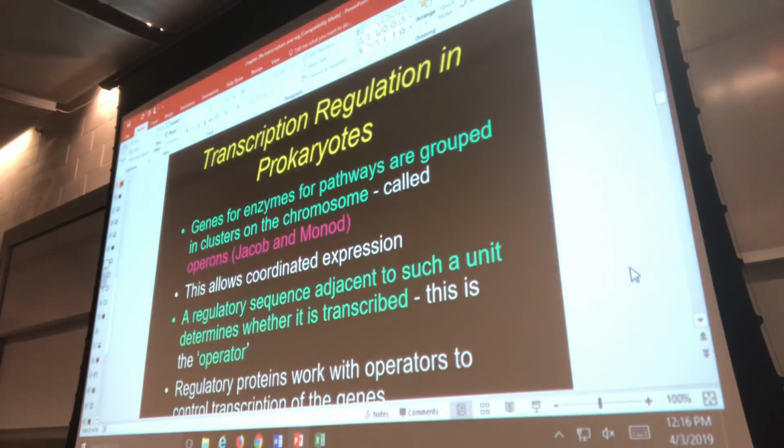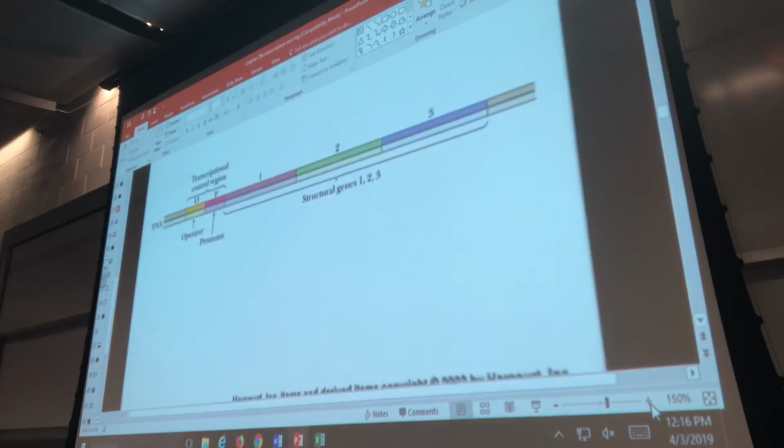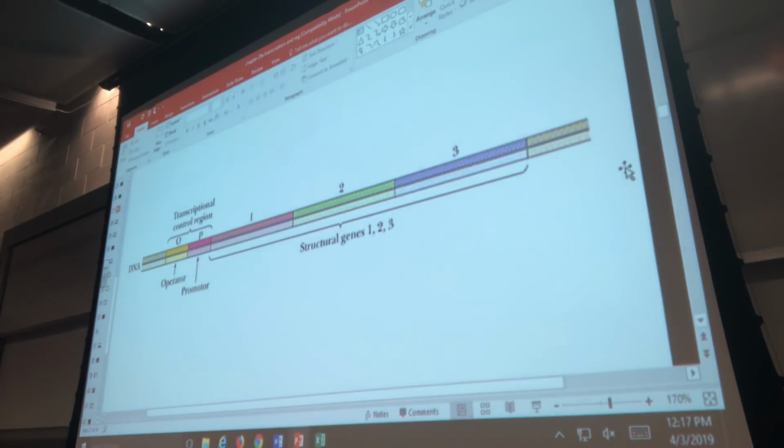Okay. Let's see. So, remember how I said in prokaryotes they are polycistronic, right? What that meant is that several genes will be transcribed at the same time, because in prokaryotes, genes are right next to each other in the genome. They will all be transcribed at the same time. An example of that is the Lac Operon. The Lac Operon is made of 5 genes.